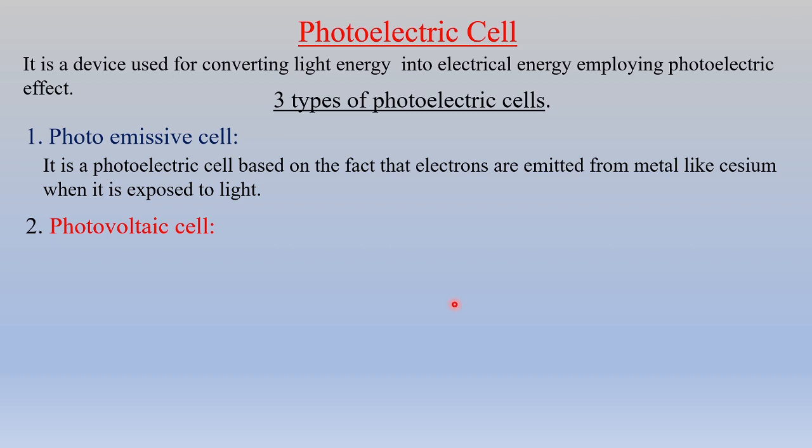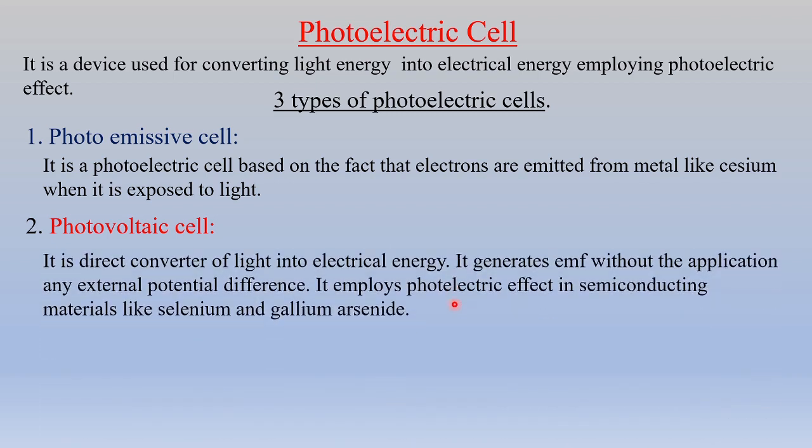The photovoltaic cell is like a direct converter of light energy into electrical energy. Here, an external source of EMF is not utilized for the working of this kind of cell. It generates EMF without the application of any external potential difference.